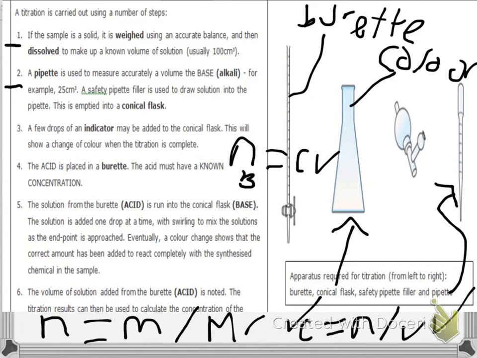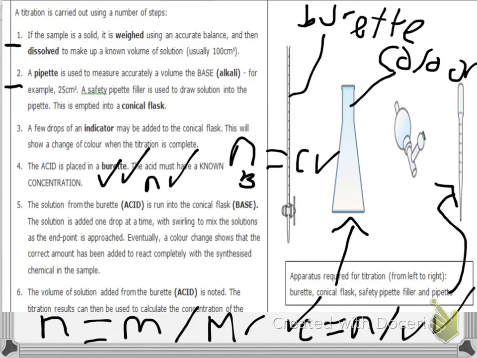So I'm going to call that number of moles B. Okay, you've got your acid in the burette, and you run it through the burette until you get a colour change. So then you know what your volume is. You can look at the equation to work out what the number of moles is, and rearrange that equation again to get your concentration.